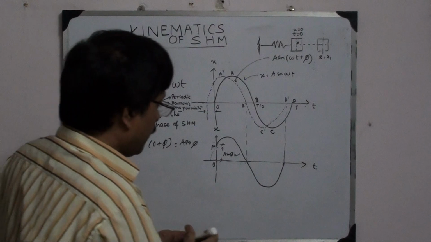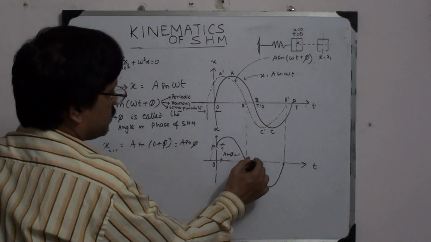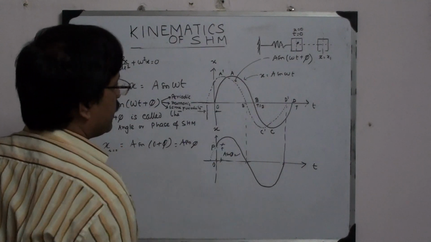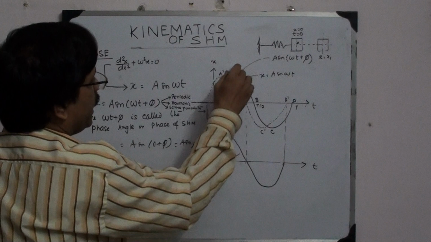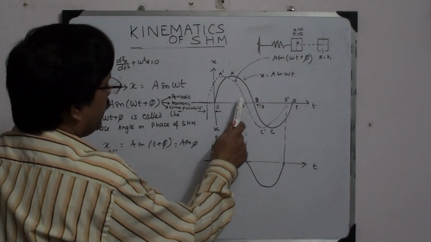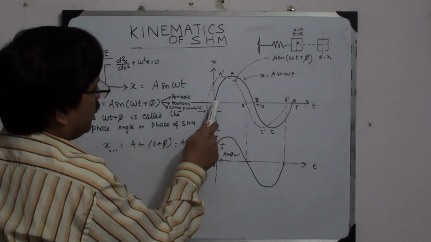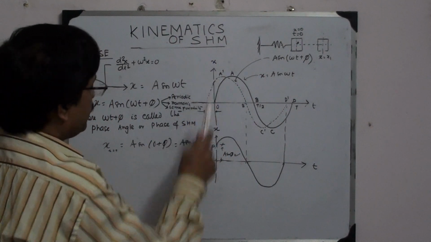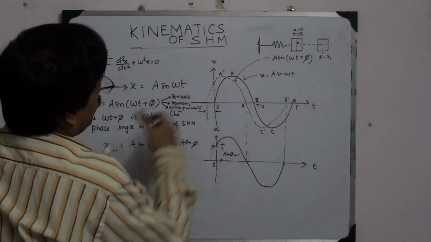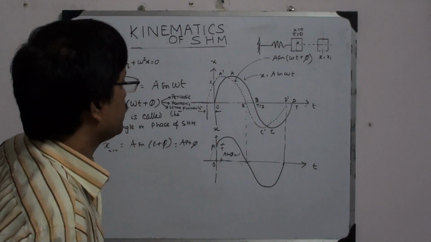It will be better if you observe this SHM cycle over the original cycle. This is the original cycle O, A, B, C, D, and you have given it a positive initial phase, and that is why at 0 there will be an intercept in x which is equal to a sin phi. This portion O to, let's say, Z is a sin phi.